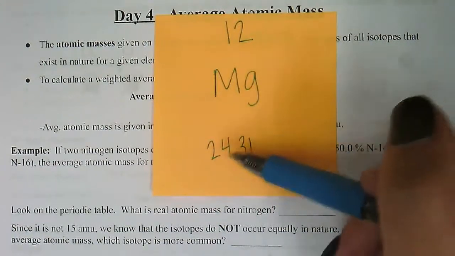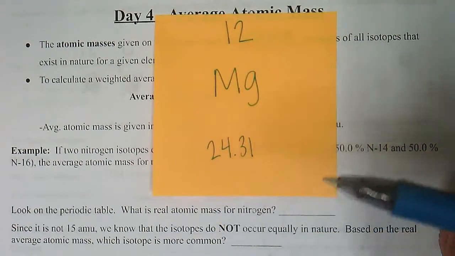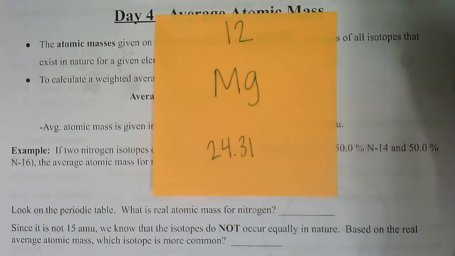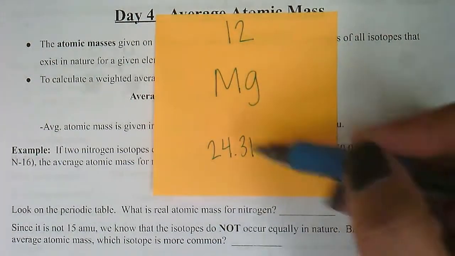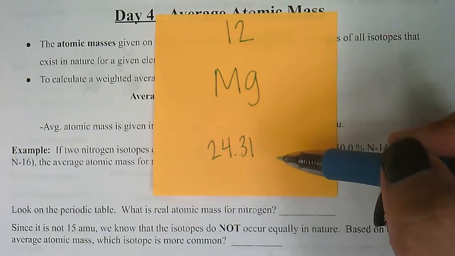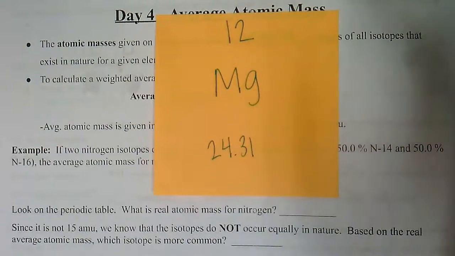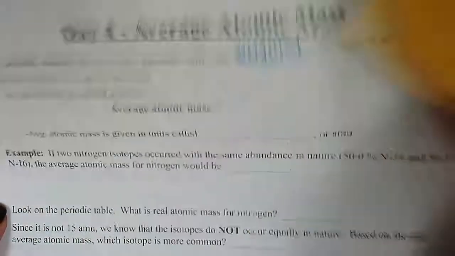So what this is saying is magnesium has isotopes, and when you have all of those isotopes, you calculate them, which we'll do in a little bit, to get our average atomic mass. And then you can figure out which isotope has the greatest percentage of that average atomic mass that we have.